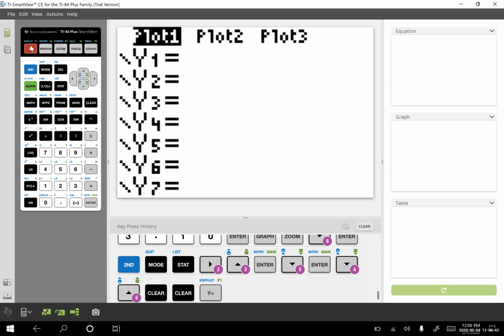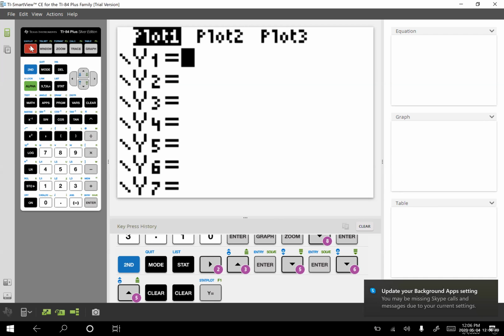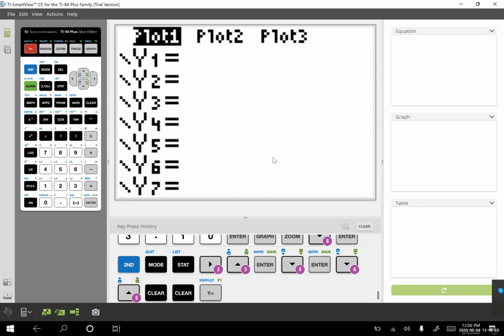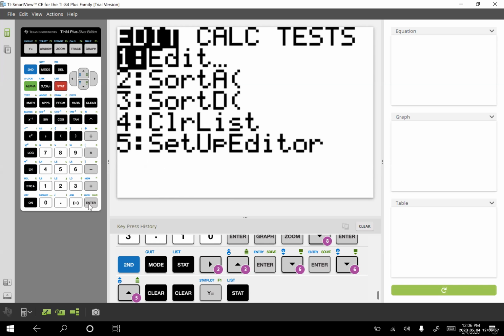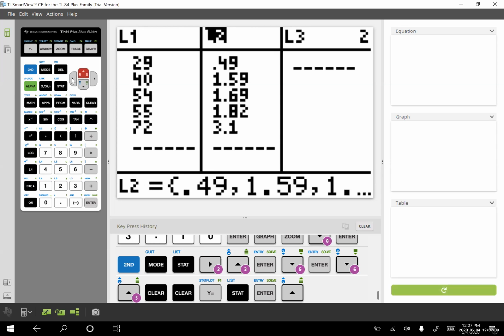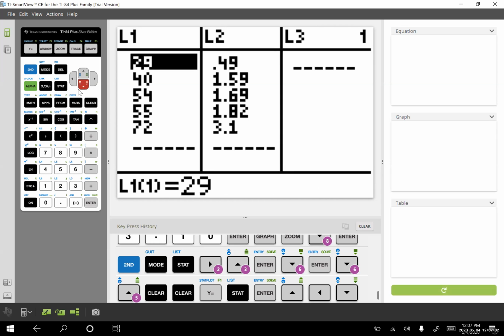Okay, so let's do this. Let's plug in these values. So let's go into stat, edit, and let's plug these in.